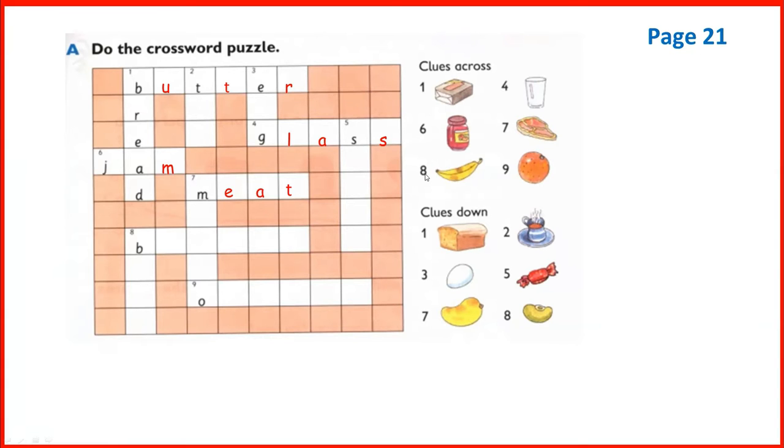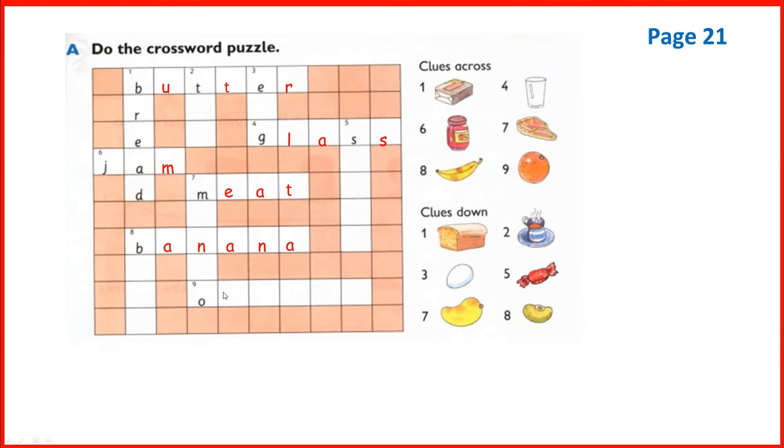Now number 8, banana. Yes, this is number 8. Okay, what's the spelling of banana? B, then A, then N, then A, then again N, then A. Now read this word, banana. Okay, now the last one across, number 9. Yes, what's this? It is an orange.